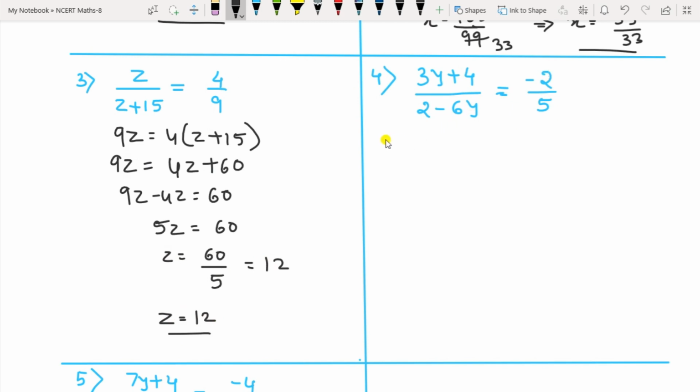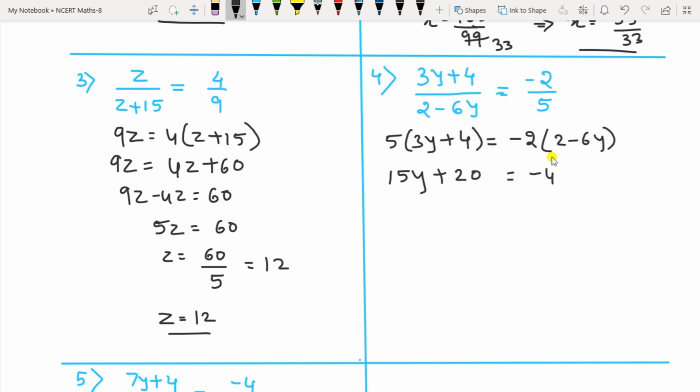Here also cross multiply. So 5 bracket 3y plus 4 equal to minus 2 bracket 2 minus 6y. So 15y, 5 4s is 20 equal to minus 4, minus becomes plus, 2 6s is 12y.